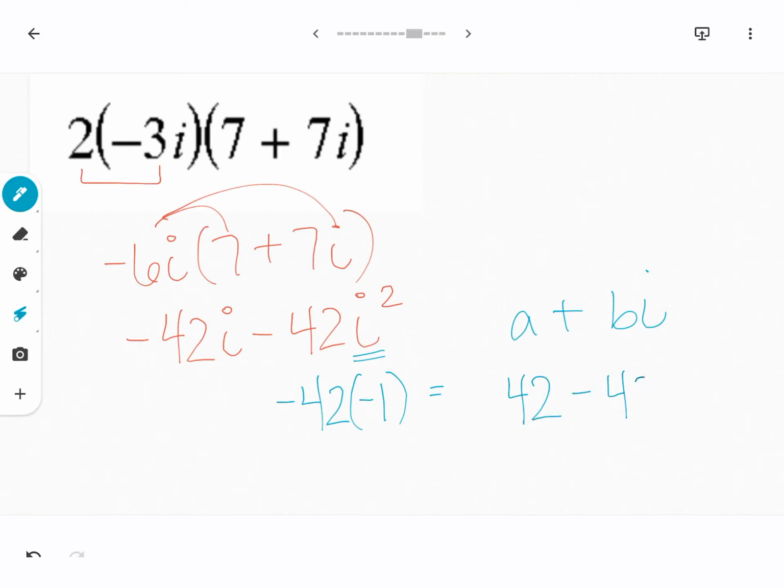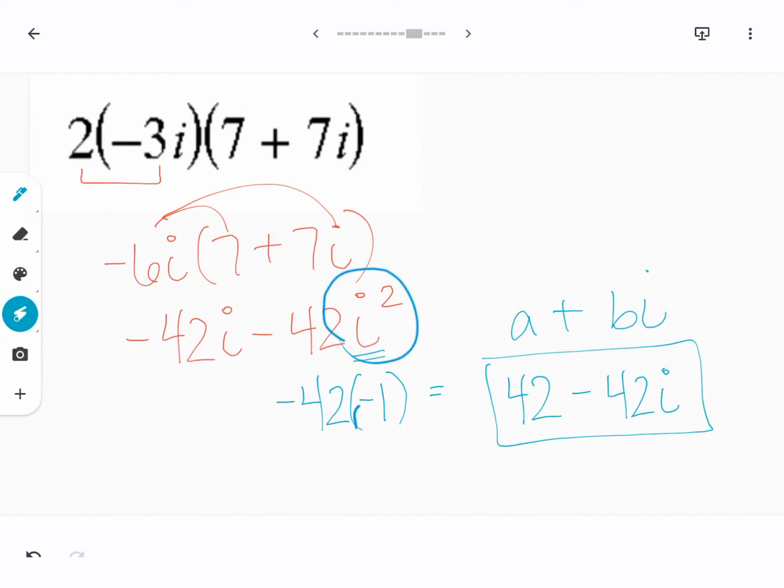And then my minus 42i stays the same. Now this is in the correct form. Because we had an i squared, we replaced it with what it equals on that previous slide, i squared equals -1. Doing this multiplication gives me the 42, and now it's in the correct form.